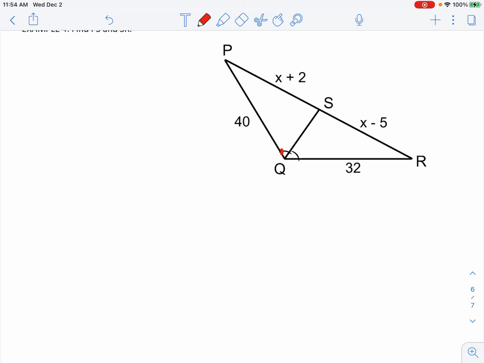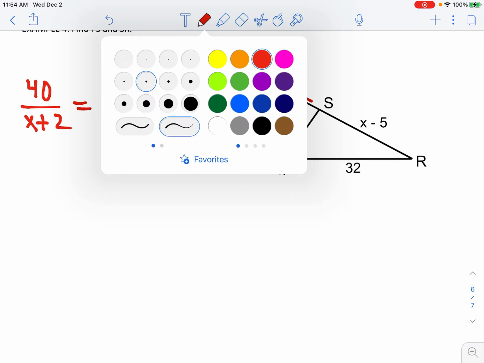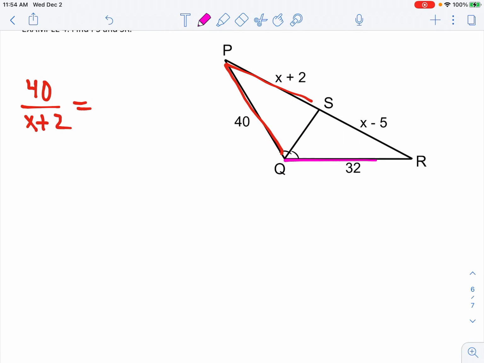So let's say I wanted to start with this first triangle here and take 40 over the other side of that triangle, which is x plus 2. If I set that equal to the pattern for my second one, I would go 32 over x minus 5.